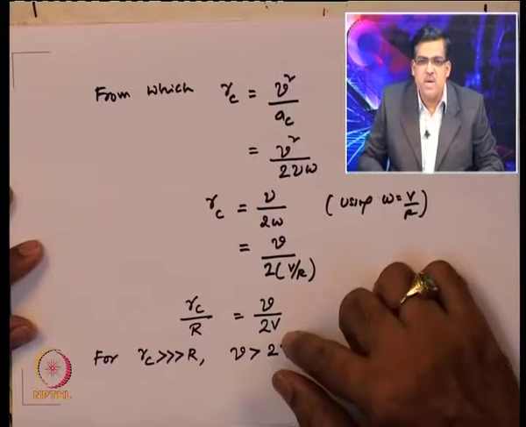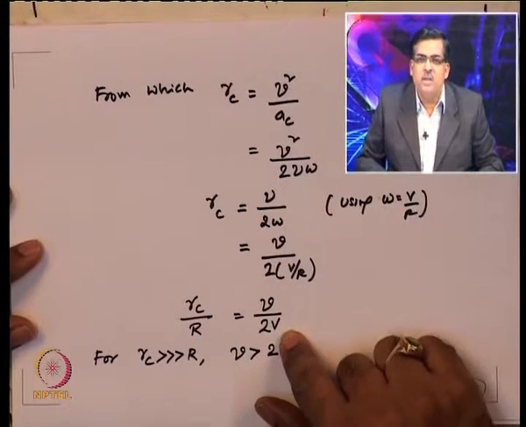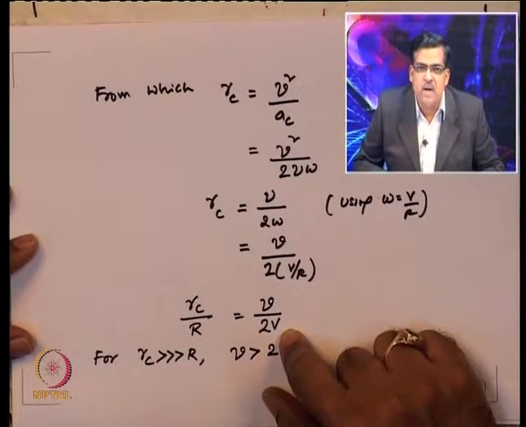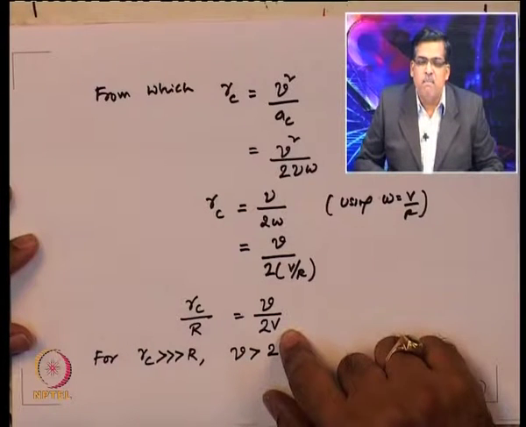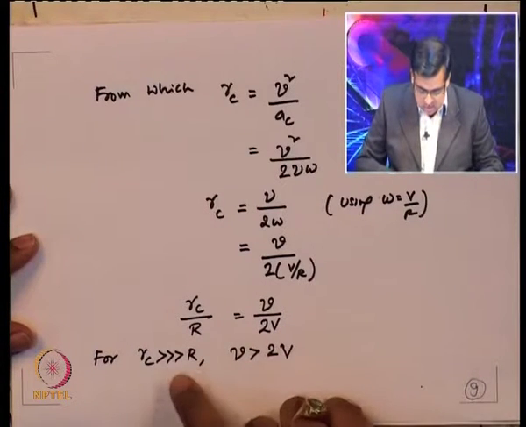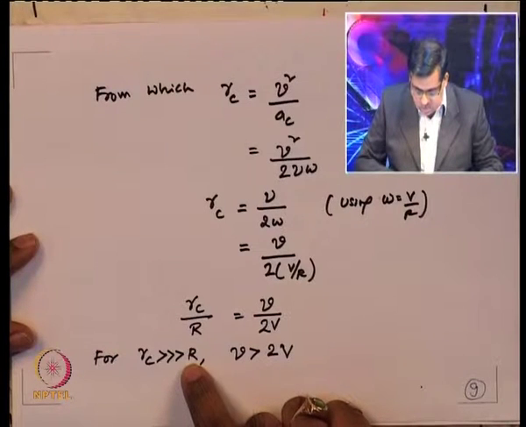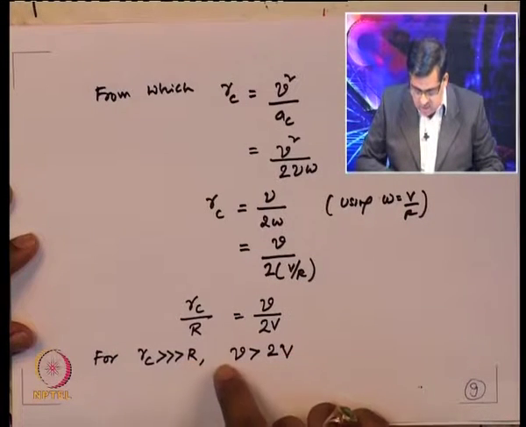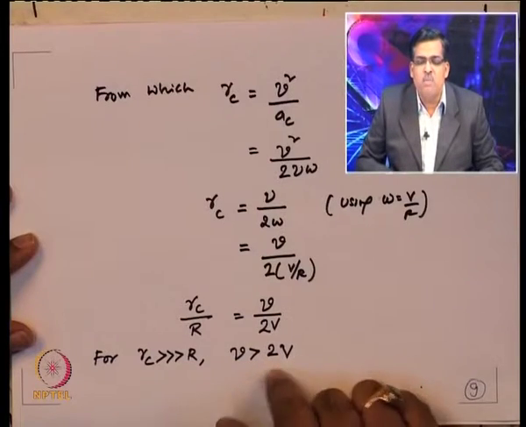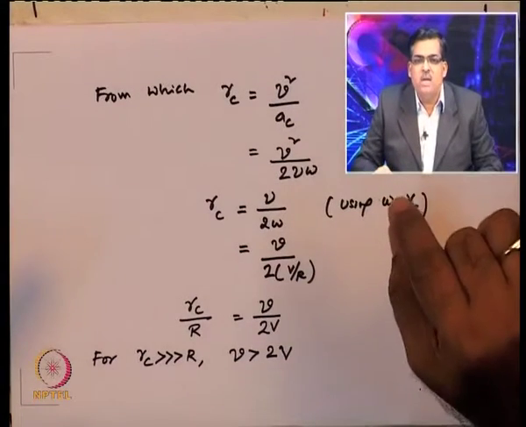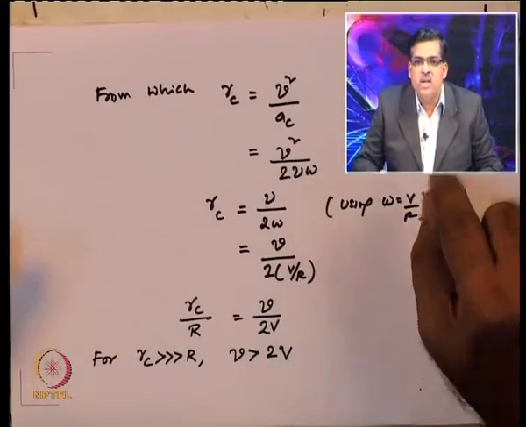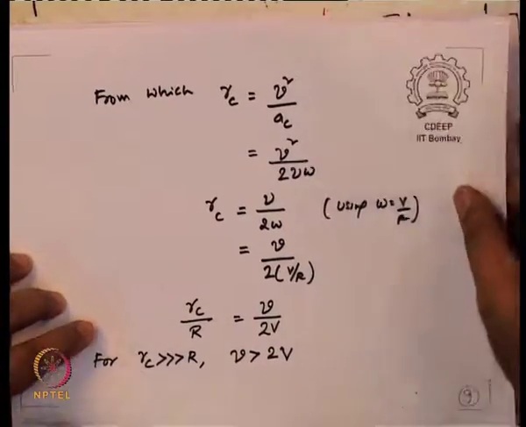So it appears that if Rc, the radius of curvature subtended by the particles, is much higher than the radius of the centrifuge, the effective radius, then v is supposed to be 2V. That means that the particle will be thrown with a very high velocity, and then it will hit the container boundary and fall.